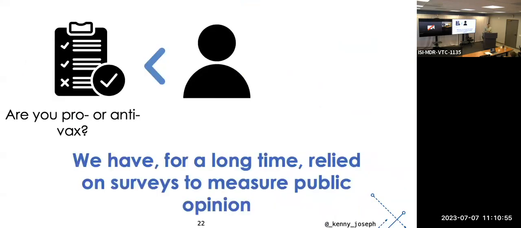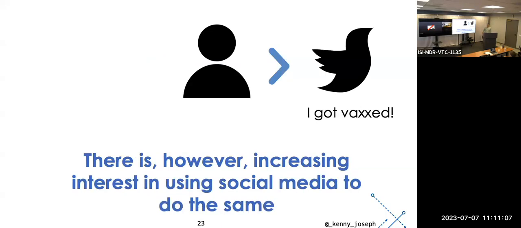Okay, so surveys are the way we've looked at public opinion for a very long time. You go out, you ask some people, what do you think of X? You find out what they think of X, you plot it. People in this room are pretty familiar with the idea that we can do something similar using social media data. The intuition in some of this work, at least the early work, is that we can maybe replace surveys with social media data.